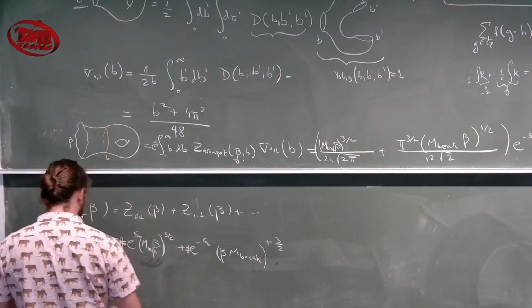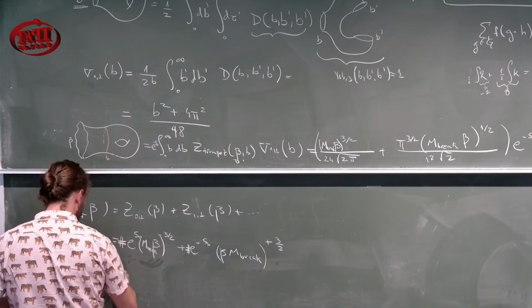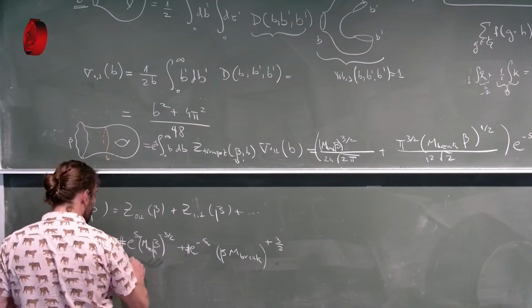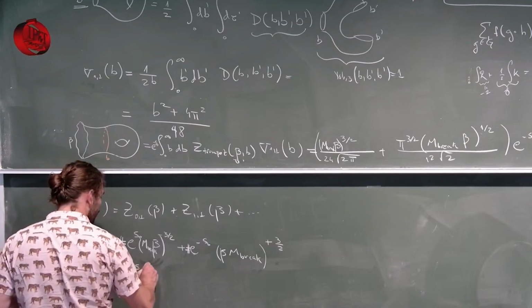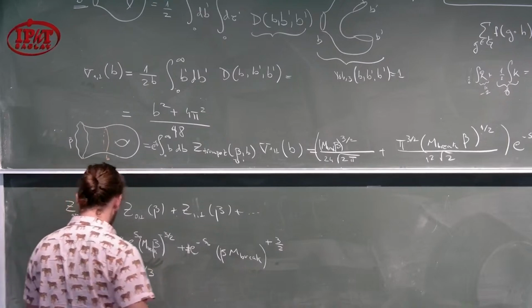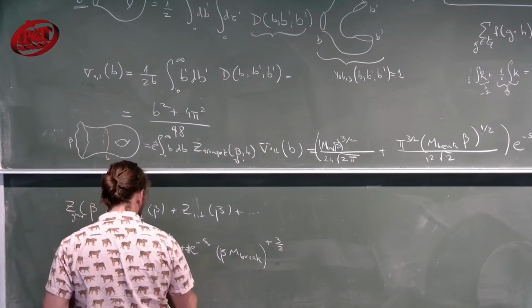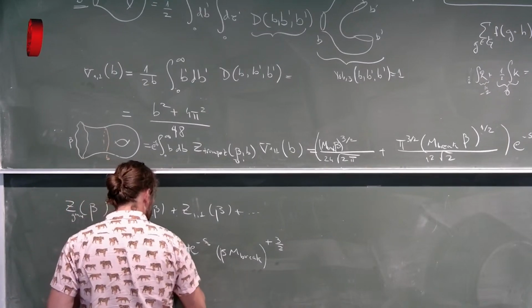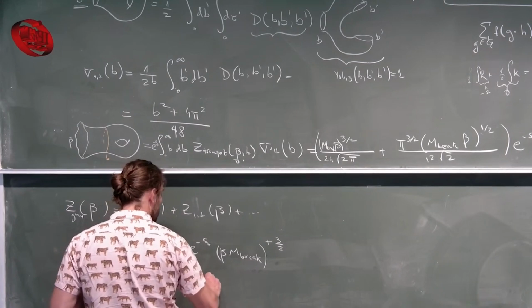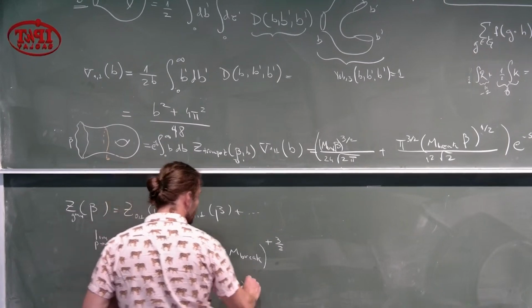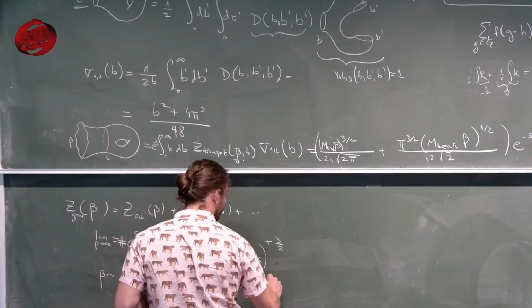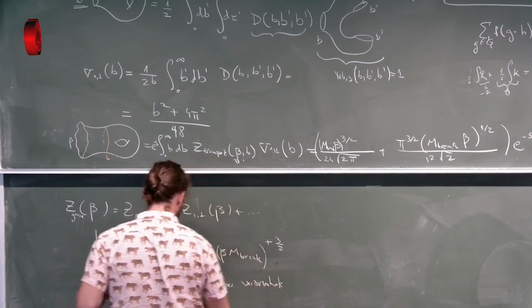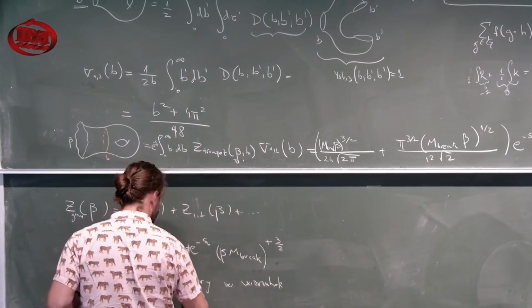Namely, when beta becomes of order e^{2S_0/3}, the geometry with the wormhole dominates.